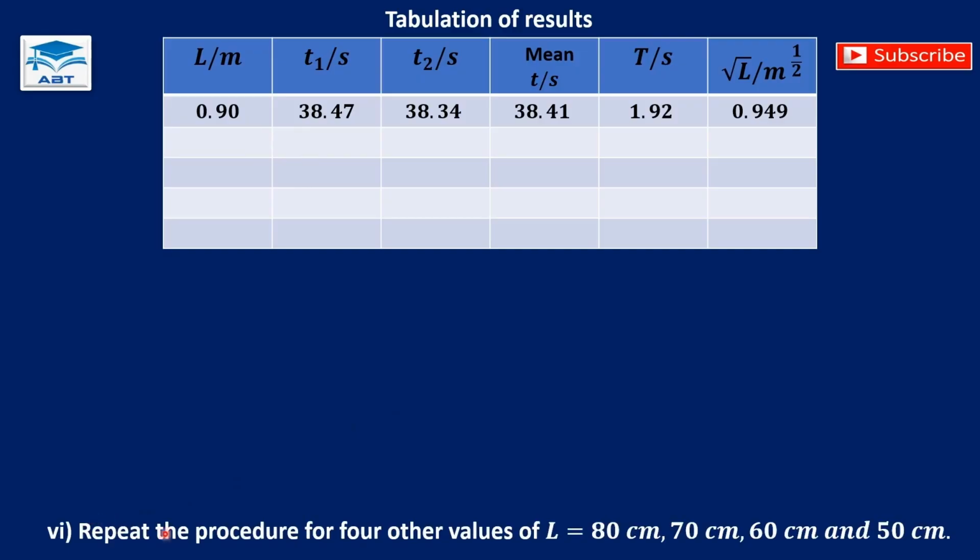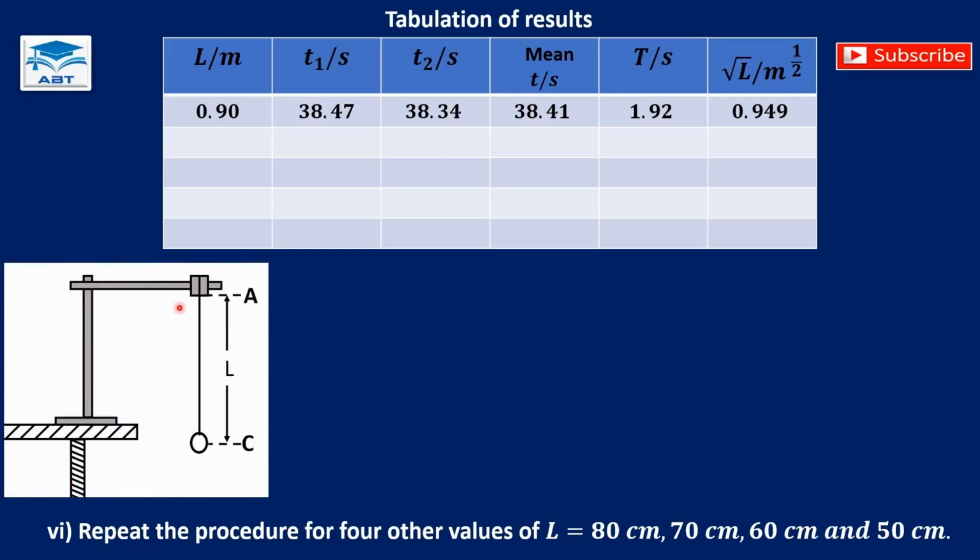And we are going to repeat the procedure for 4 other values of L is equal to 80 centimeters, 70 centimeters, 60 centimeters, and 50 centimeters. So we are going to adjust the length of the string such that we have a length of 80 centimeters, which is 0.80 meters. Determine the time for 20 oscillations.